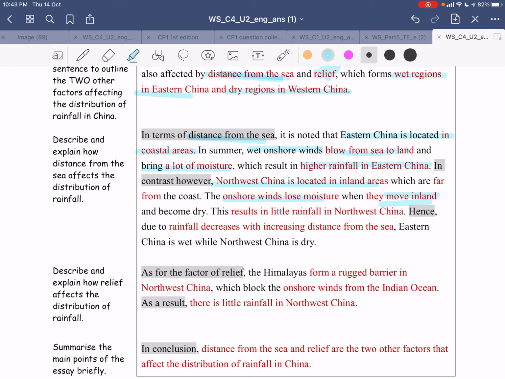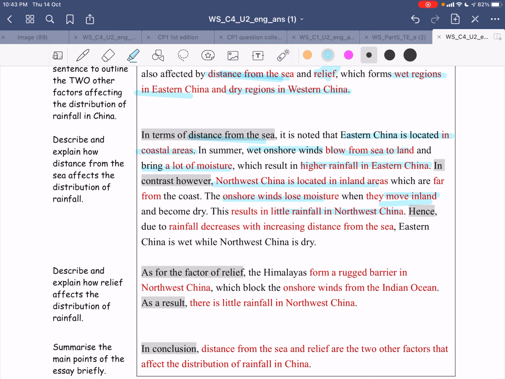So finally, when the onshore wind approaches northwest China, very little rainfall remains, and hence, as rainfall decreases with increasing distance from the sea, eastern China is wet while northwestern China is dry.